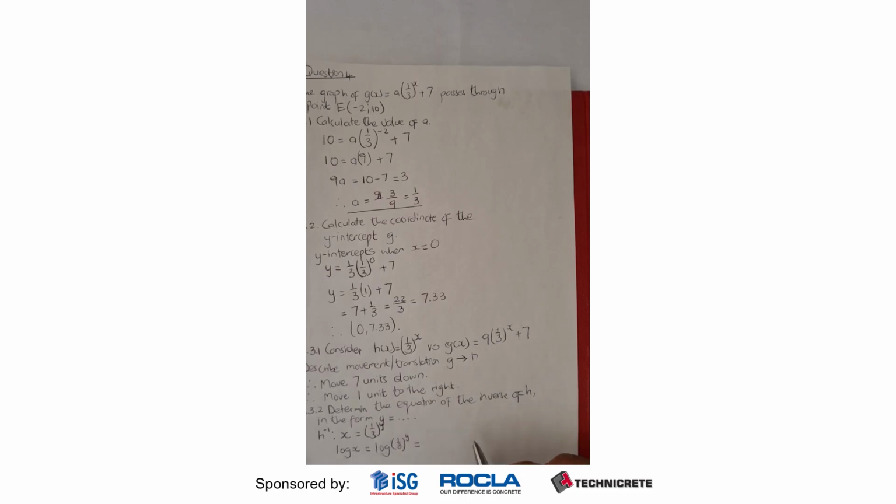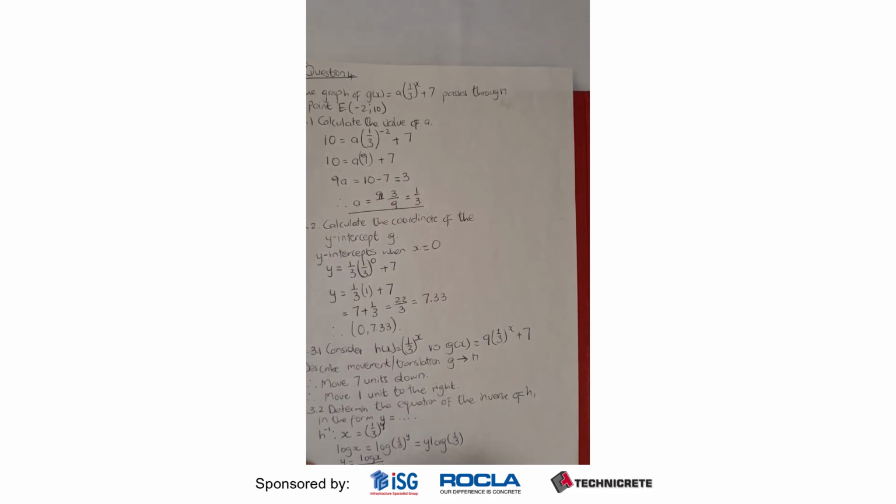By the laws of logarithms, this y can be brought down here, and we're left with the log of 1 over 3. Now, y can be then given as log x over log 1 over 3.